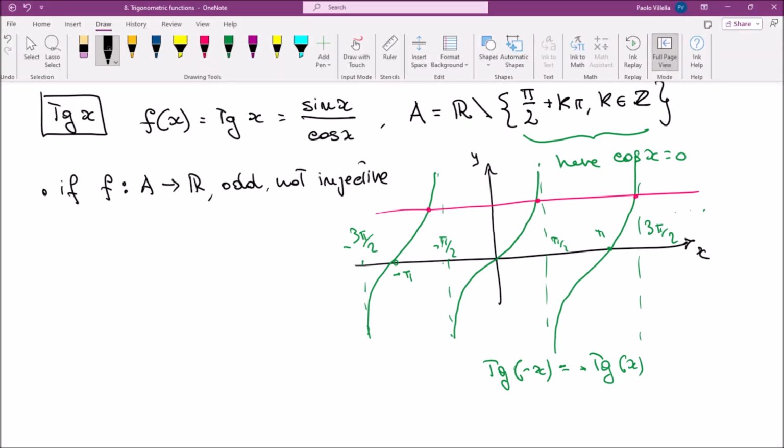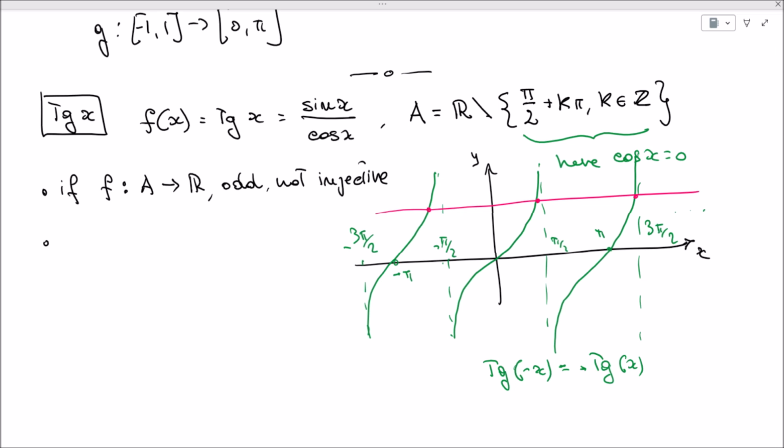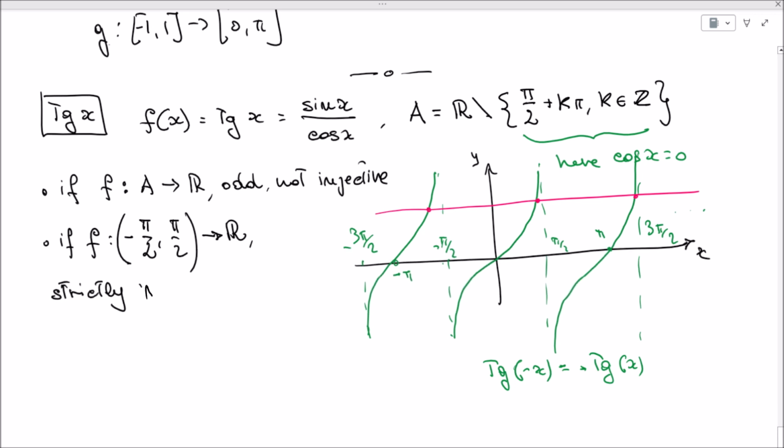So we need to restrict the function, for example, to the interval minus pi over 2, plus pi over 2, of course excluding minus pi over 2 and pi over 2, and as a codomain we just pick the entire R. Then the function is now strictly increasing, and it is invertible.